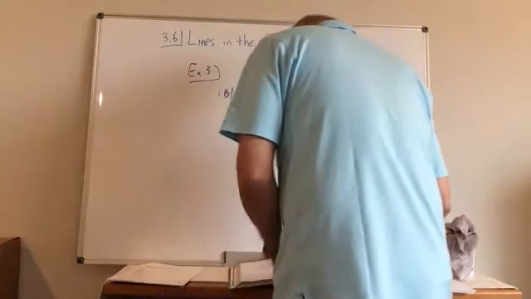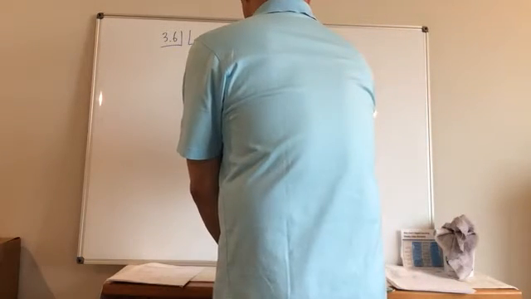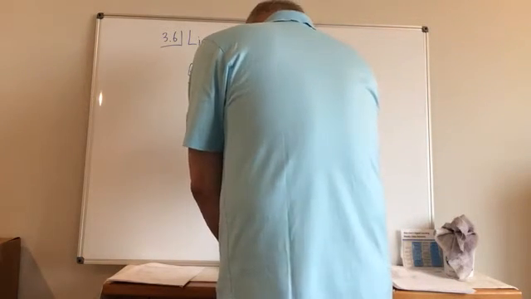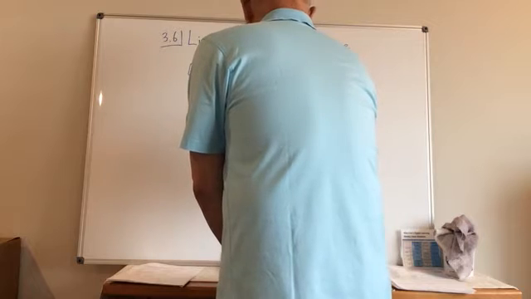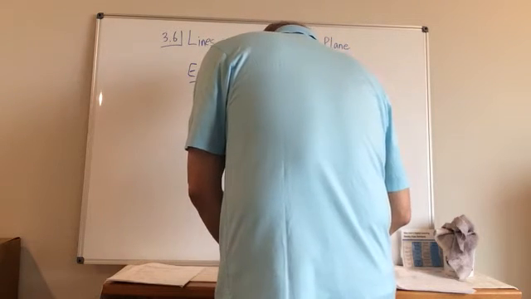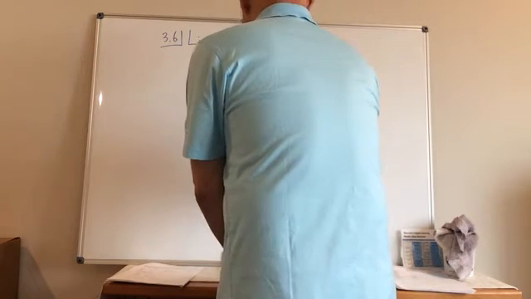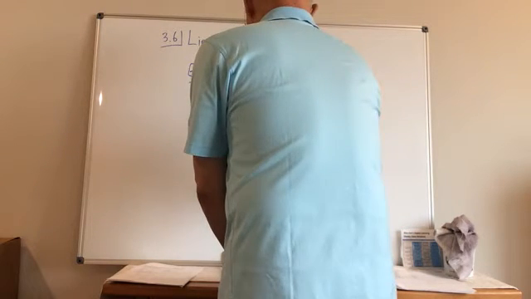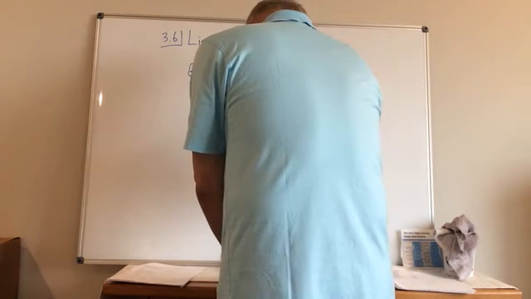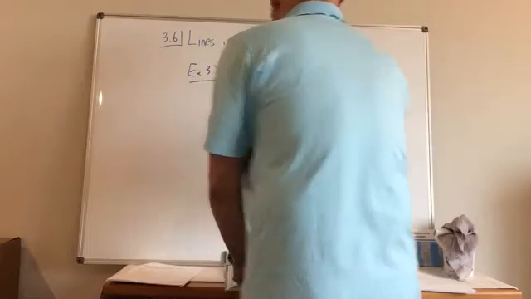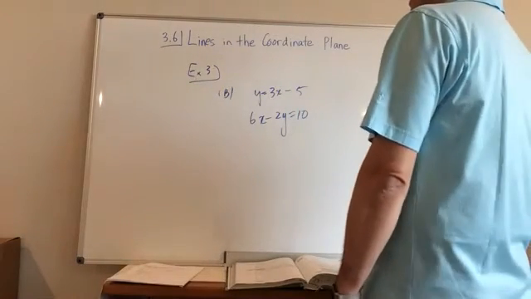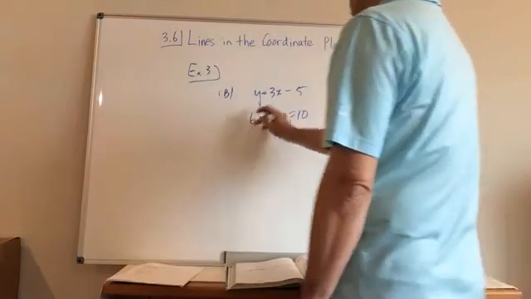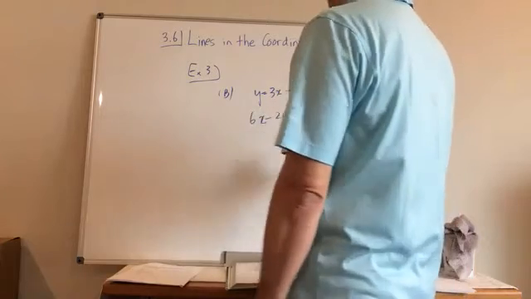B, y is equal to 3x minus 5, and 6x minus 2y is equal to 10. Okay, so we have to do a little work here. I don't know what y is, so let's go ahead and solve for y.